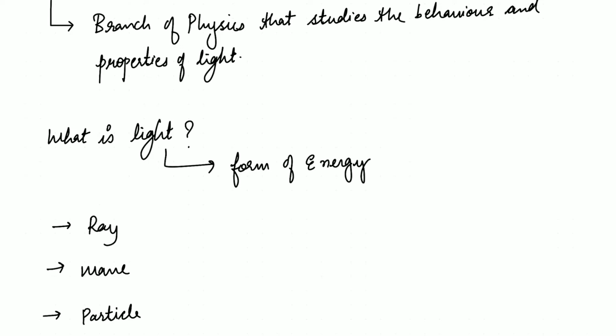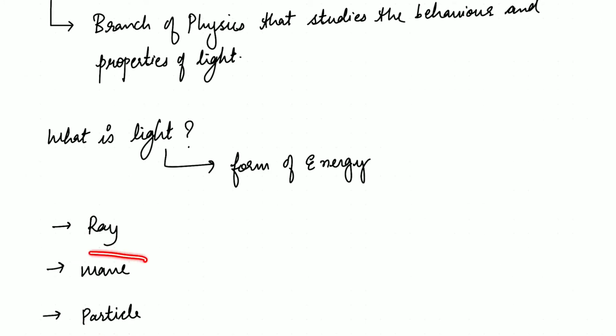So in a way, if somebody asks me what light is, you have to give me the situation we are discussing. For example, if you are discussing reflection or refraction, then yes, you will consider light to be a ray, right? And if you are discussing phenomena like interference or diffraction, then obviously you cannot explain them with the ray or particle nature of light.